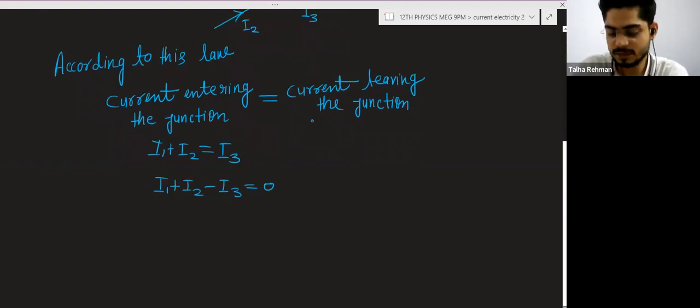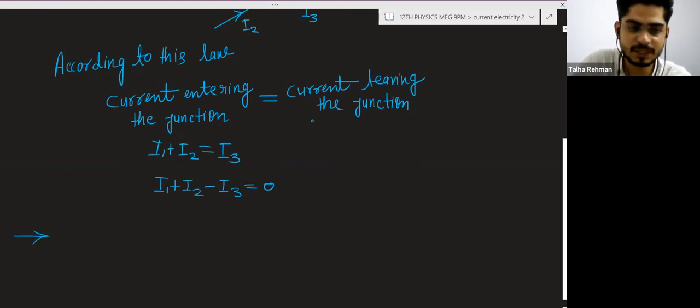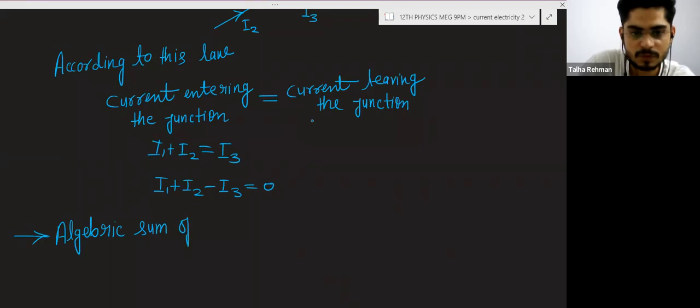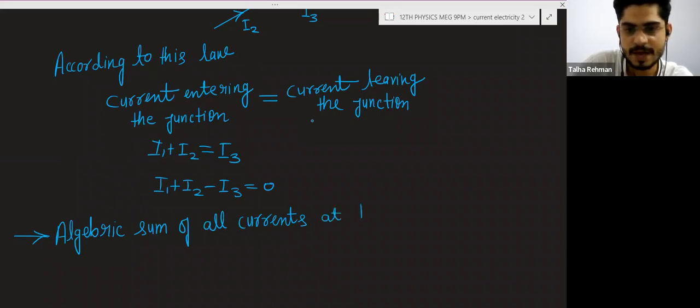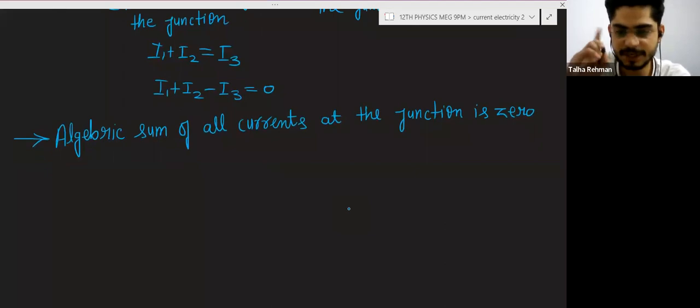So this law you can define in another way also. You can say that the algebraic sum of all currents at the junction is 0, and for this statement you will take the direction of the current.